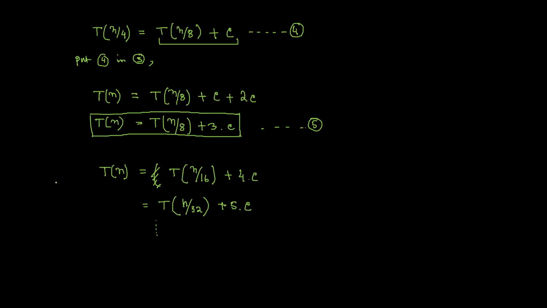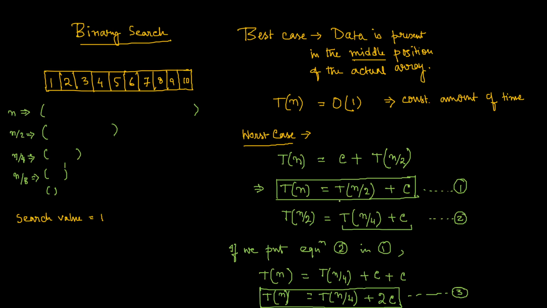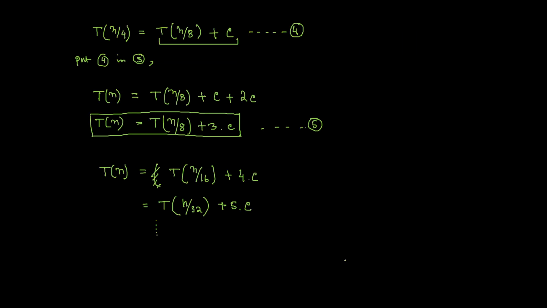Now to reach only one element segment, this part has to be equal to 1. So basically we are getting a pattern: if you check the denominators, this 2, then 4, then 8, then 16, then 32.